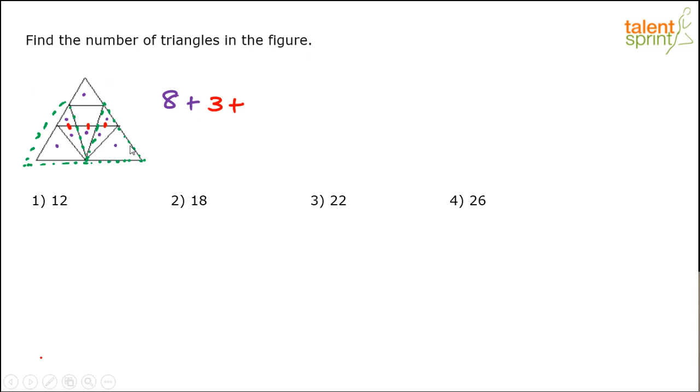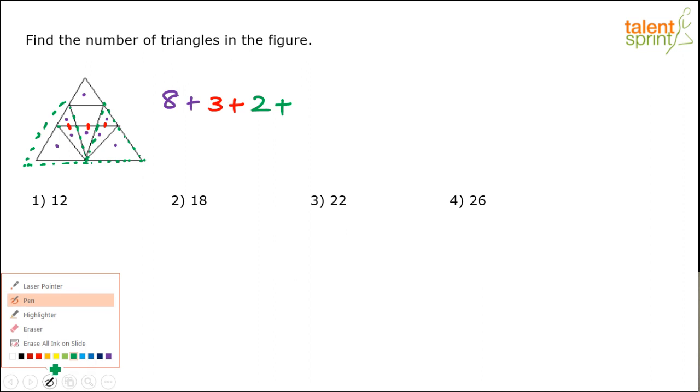So 2 such triangles, right? So 8 plus 3, 11, 11 plus 2, 13. Of course, the biggest of all is there, 14. And then 4 more. I'm getting a lesser count this time. Looks like I've missed something which I counted earlier. Yeah, this is one triangle which I've missed.